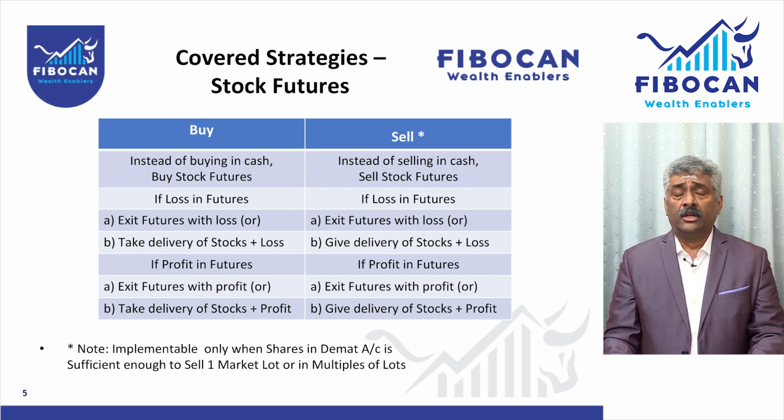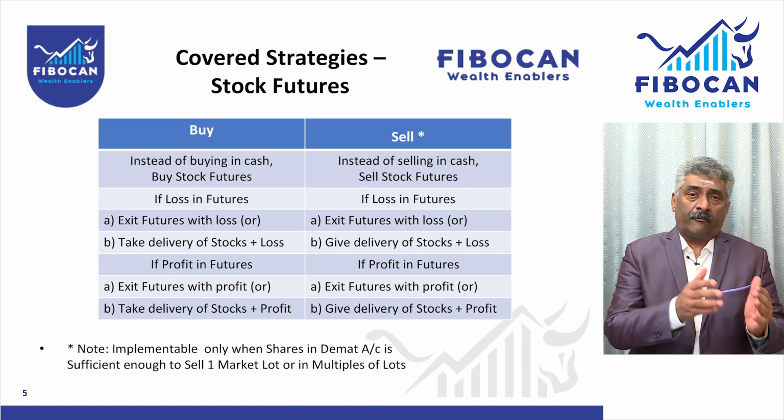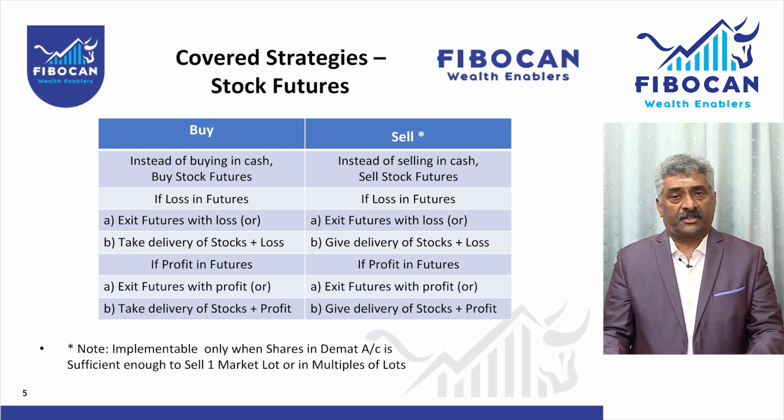In that case, you exit with a loss and don't do anything further on the futures. It's fine. Or you exit with a loss and also take delivery of the stock, because after all your intention was to buy that stock. Instead of buying in cash, you are buying in futures, so it is a good strategy.